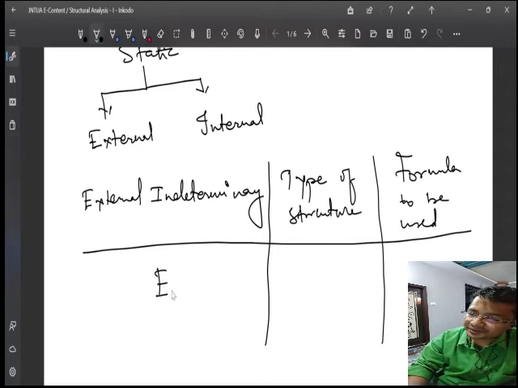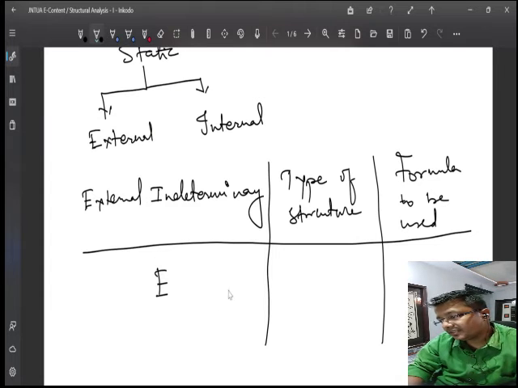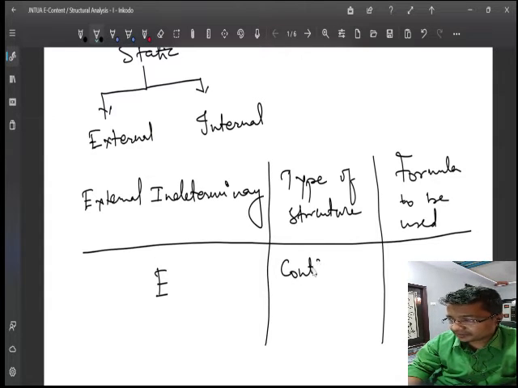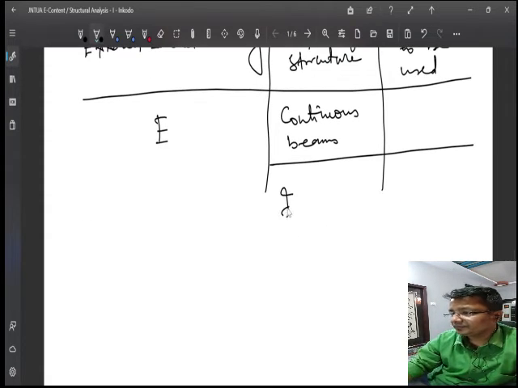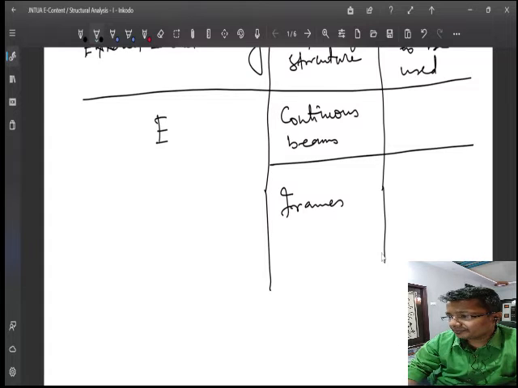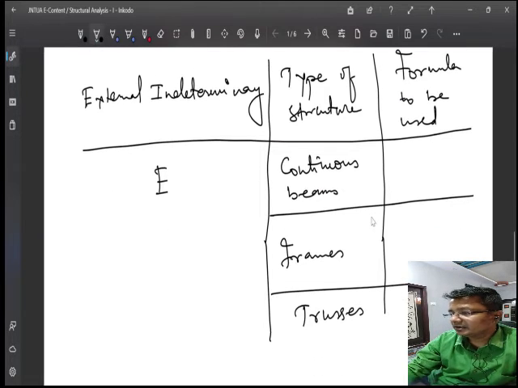External indeterminacy is represented by E, and the first type of structure is continuous beams. Next I have frames. Next type of structure is trusses.